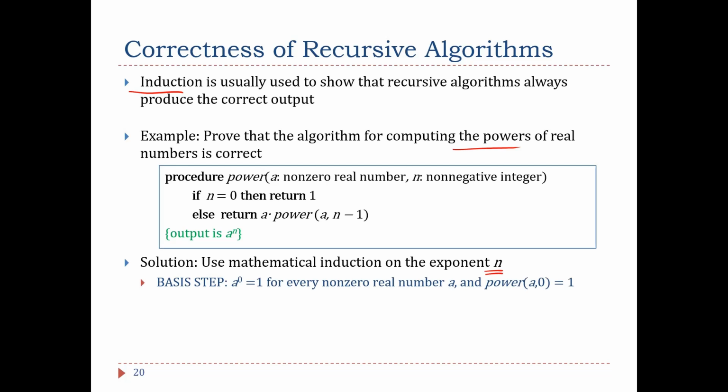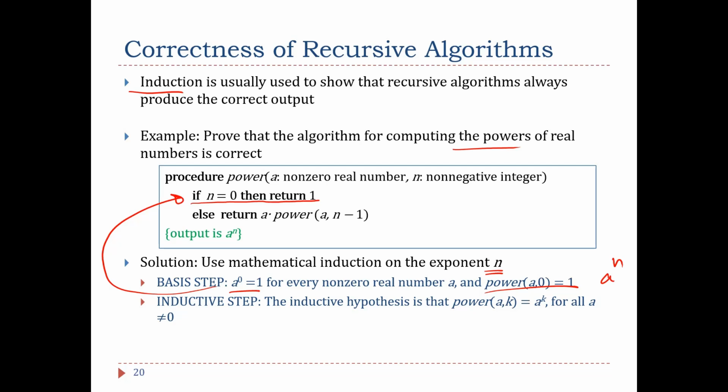As for the basis step, this is implemented using a piece of code. Since the piece of code is straightforward and very simple, it's quite easy to show that the property holds, which is that power of a, n is really a to the power n.